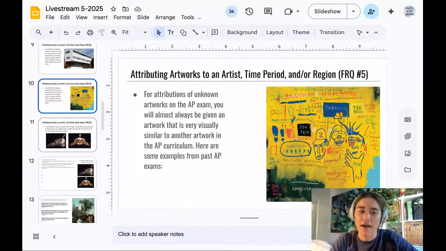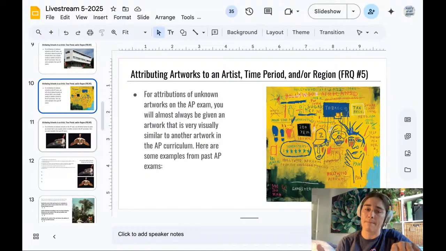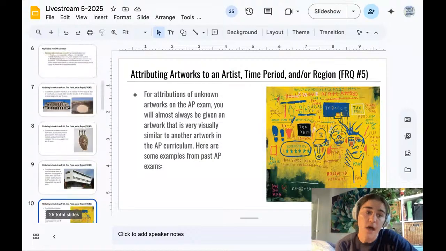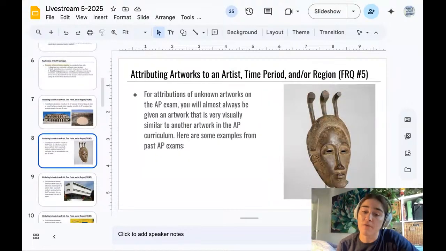In terms of identifiers, it really depends on the essay question. I'm seeing this question coming up in the chat a lot. There are certain FRQ number 5s that will ask for the specific artist or the specific culture of origin. I know that with the portrait mask right here, they asked for the specific culture of origin. And then you had to provide at least one other accurate identifier.